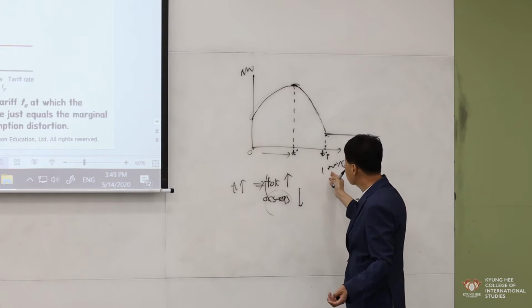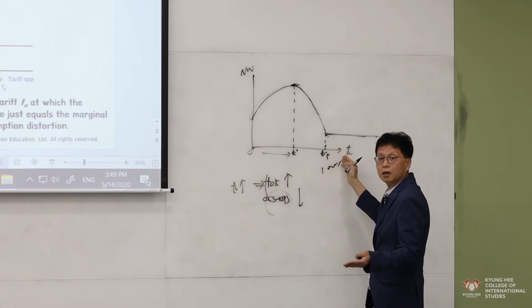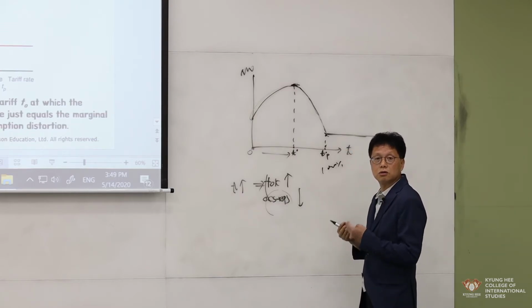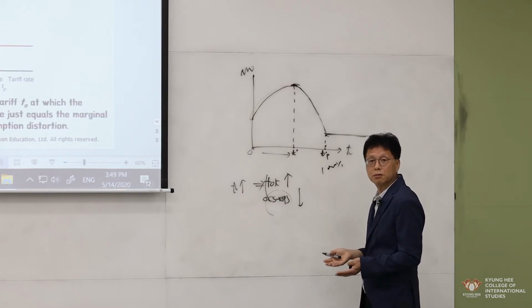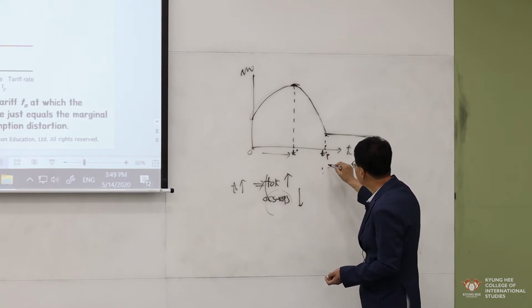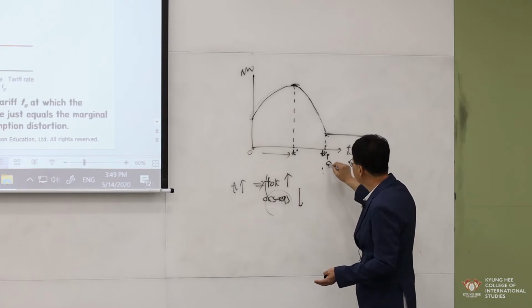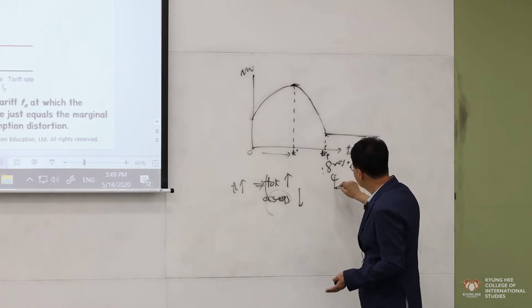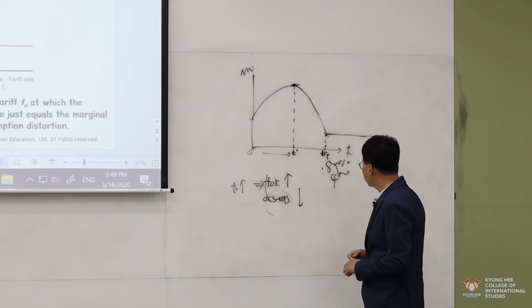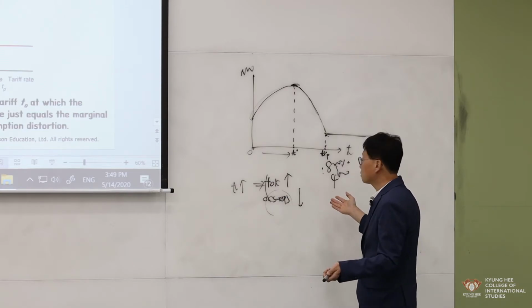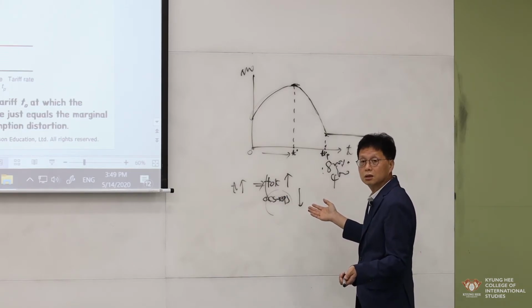Because imported rice is too expensive because of the high tariff, and domestic consumers just consume domestically produced rice. The same thing happened in Korea. Now, maybe in Korea, this prohibitive tariff rate is 4,000% or 8,000%, for example, right? Lower than 8,000, higher than 4,000%. Then no rice is imported. Okay?